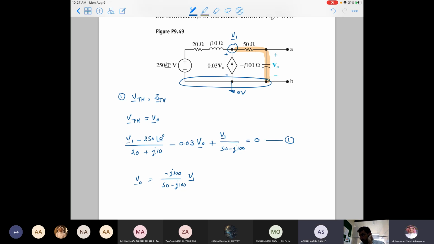So what is V naught with respect to V1? This is similar to having a capacitor, and I'm asking you to find the voltage across the capacitor. What should you do?